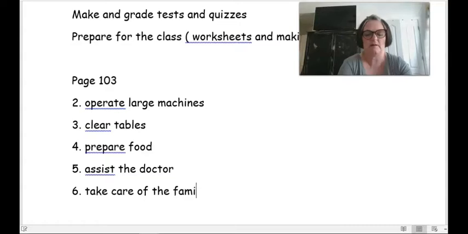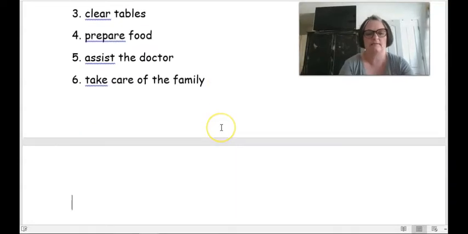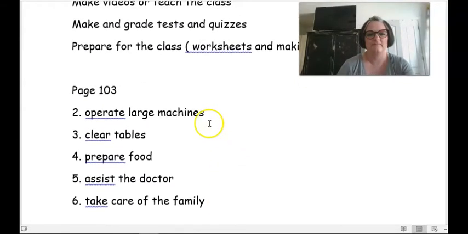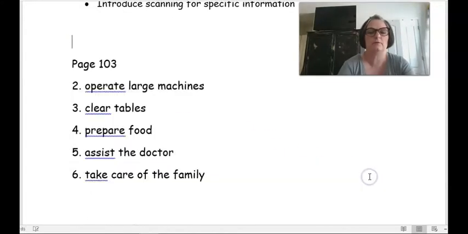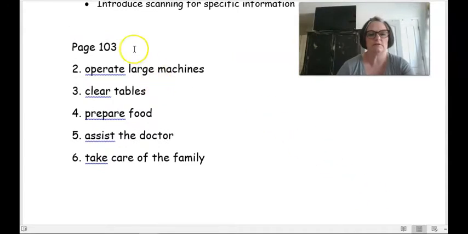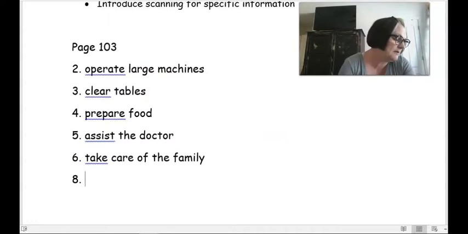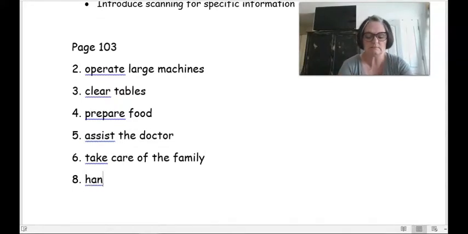Yes, that is a job, right? I'm going to go ahead and delete this so we have room to finish. Okay, number 8, we see a guy, she's maybe bought something and he's giving her change, so that's handle money.